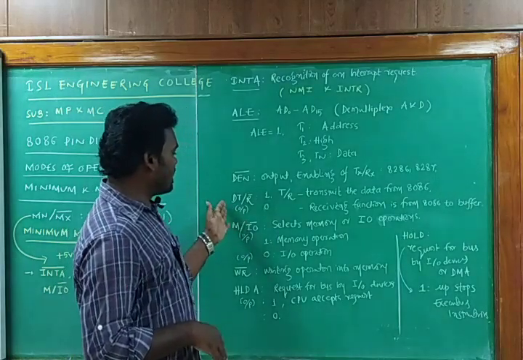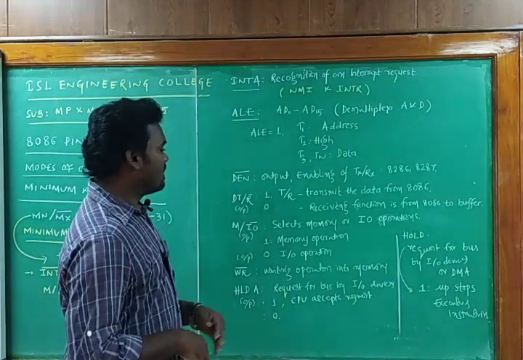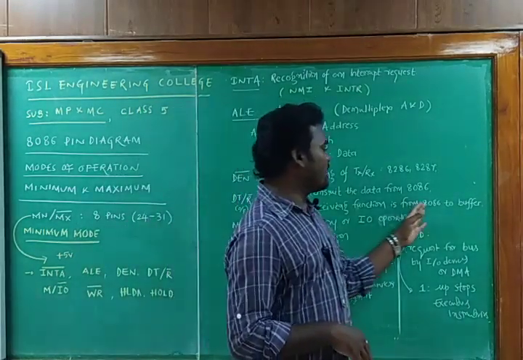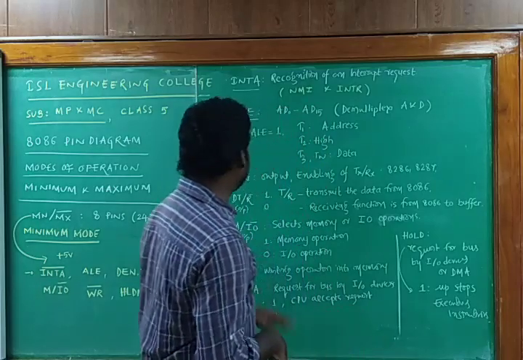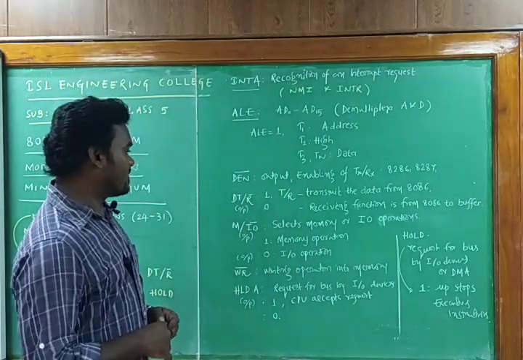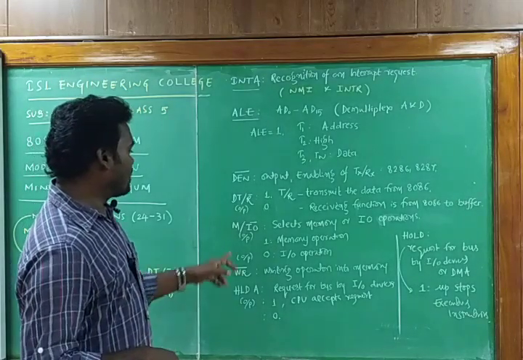Whenever the same pin is 0, it provides the receiving function, from the buffer to the 8086. This transceiver is also named as a buffer, a tri-state buffer we have been using in microprocessors.